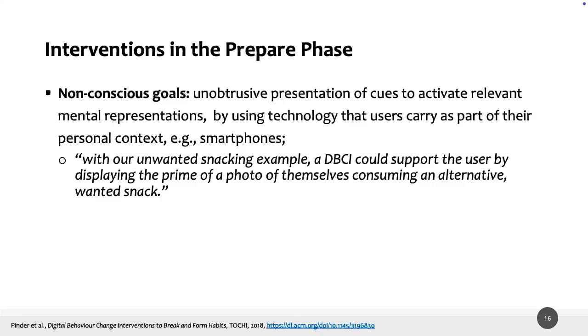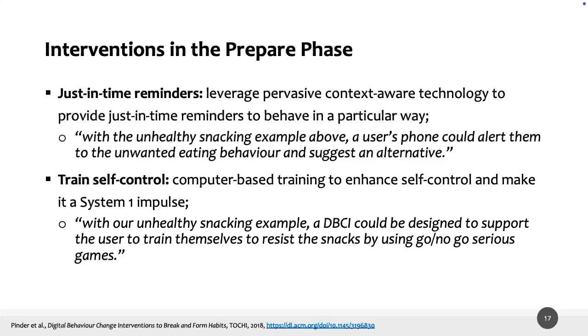I think it's in the paper, but there is this example of an intervention that displays a subliminal image of a healthy snack to the user. So this image is not perceived by the user, but in a way they argue that this could create an effect unconsciously.